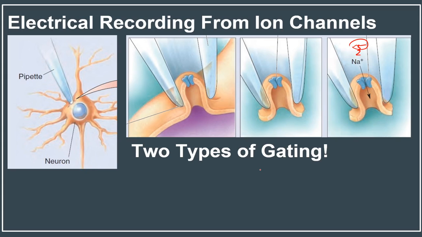So we know that you can gate two ways now. You can gate chemically with a neurotransmitter. This is brand new, this is really cool stuff. Or we can gate by voltage, and sometimes that's called electrical gating.